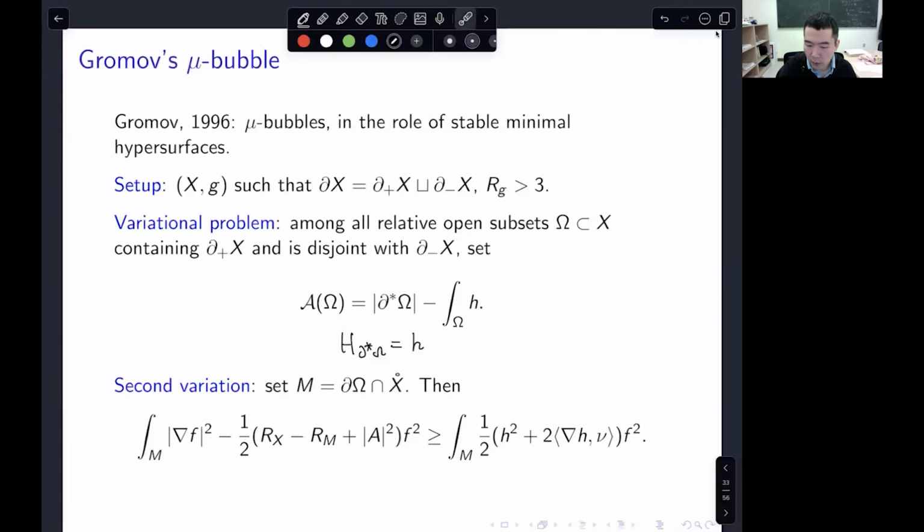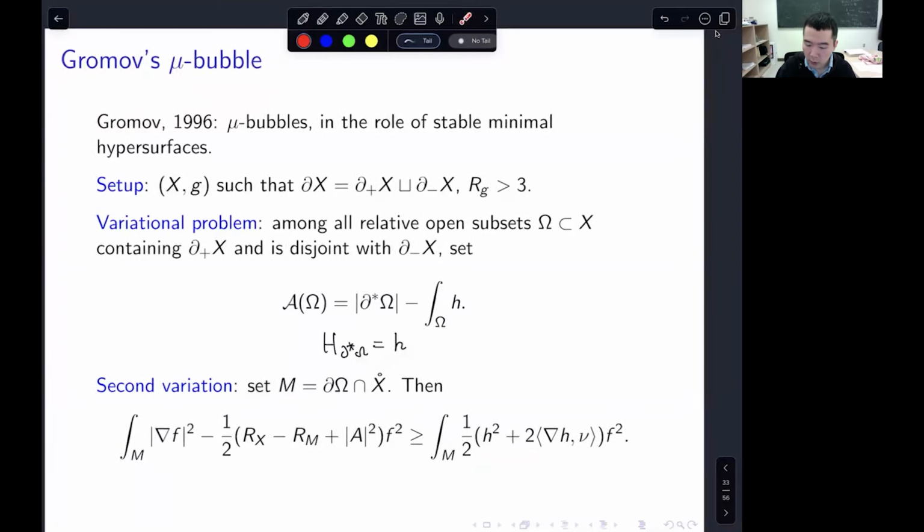Now, what's more important is the second variation. So let's call the reduced boundary M. Then M satisfies an eigenvalue condition, which is quite similar to the stability of minimal hypersurfaces, but with these additional terms depending on h.